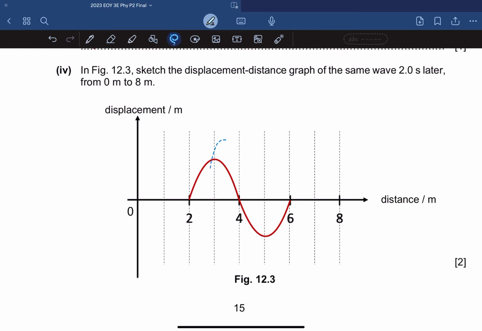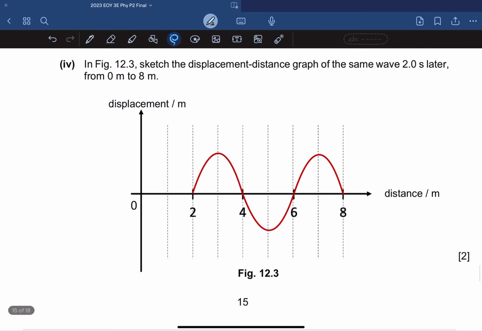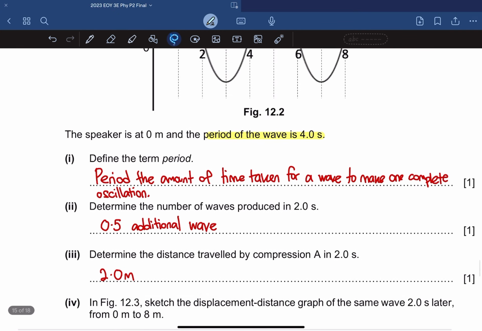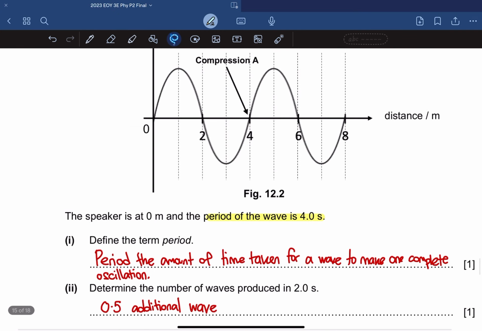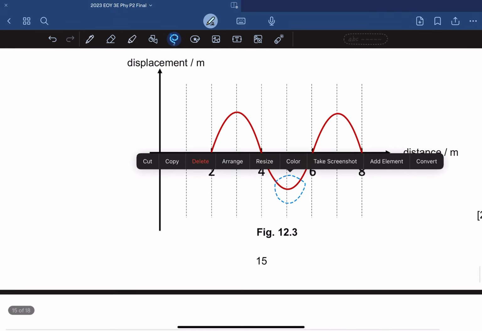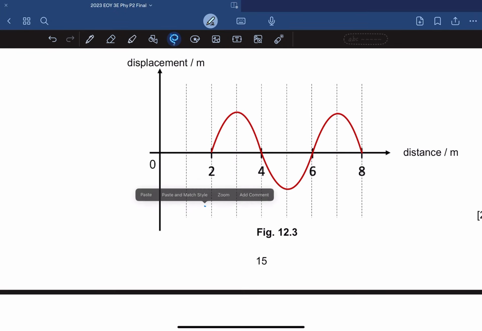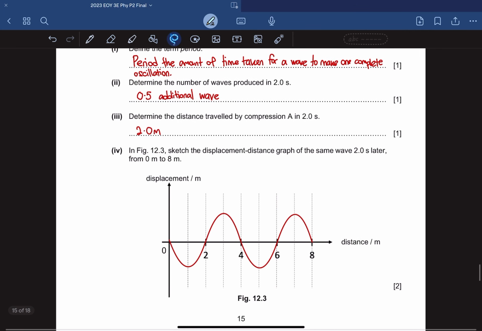Then half a cycle of an additional wave is produced, so a new half wave cycle will be drawn on the graph as well. This is how the wave will look 2 seconds later. And this is for b part 4.